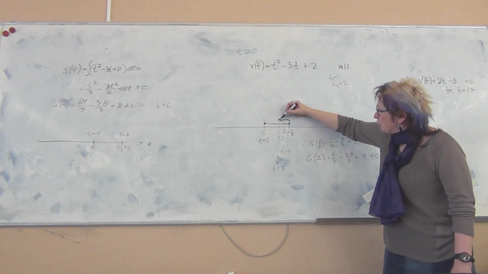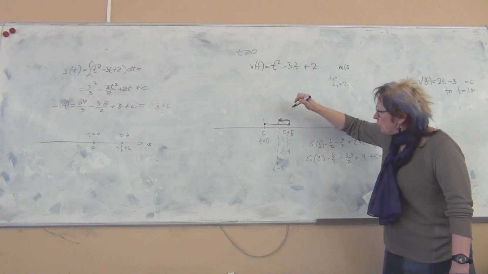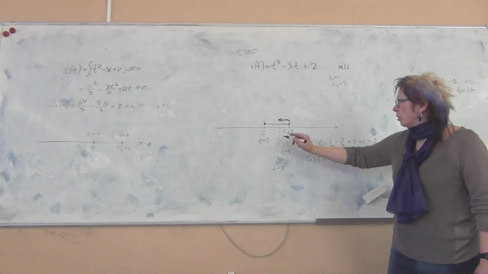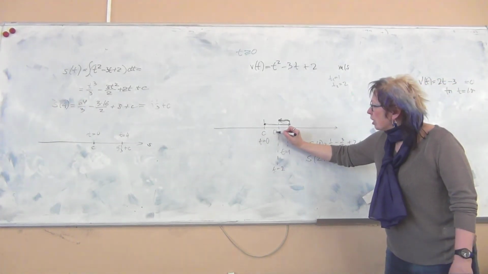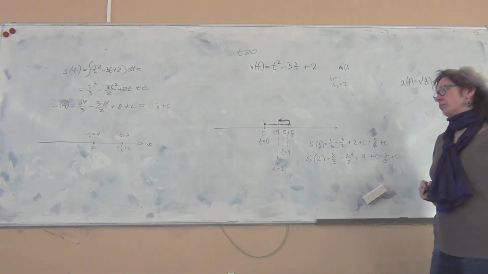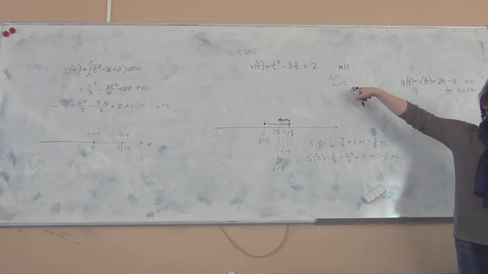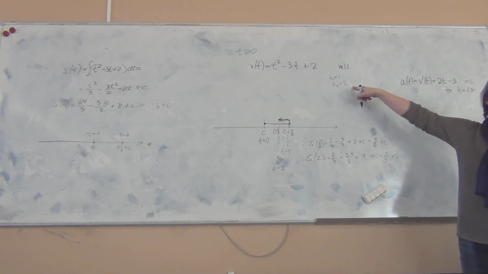From time 1 to time 2, it moves in the negative direction to the point C plus 2 thirds.